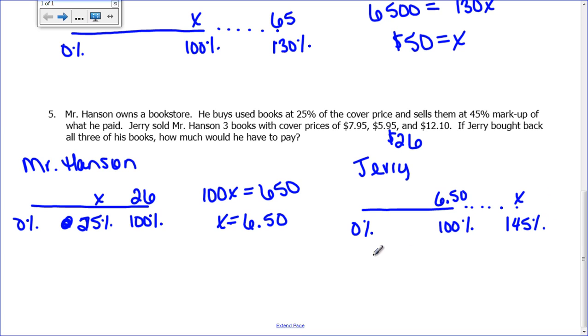So again, we cross multiply, so I have 100x equal to, and when I do 650 times 145, I get 942.50. And when I divide both sides by 100 here, I get that Jerry's going to have to pay $9.42 for his books.